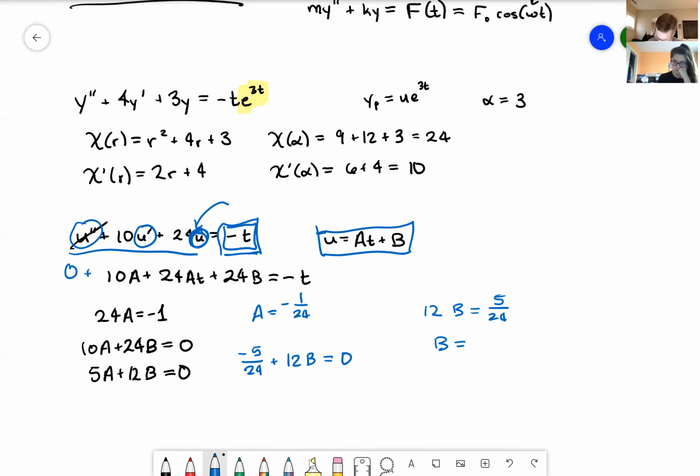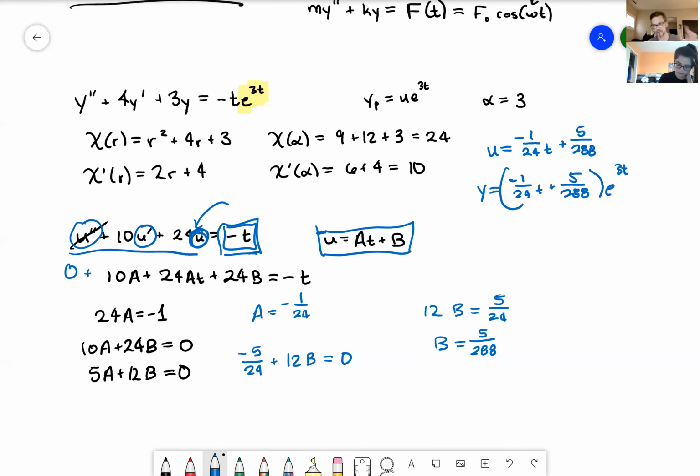That should be 5/288. 12 times 12 is 144. Nothing impressive. So I get u is equal to negative 1/24 t plus 5/288. And so my particular solution should be, well, I'll write it again, all of this times e to the 3t.